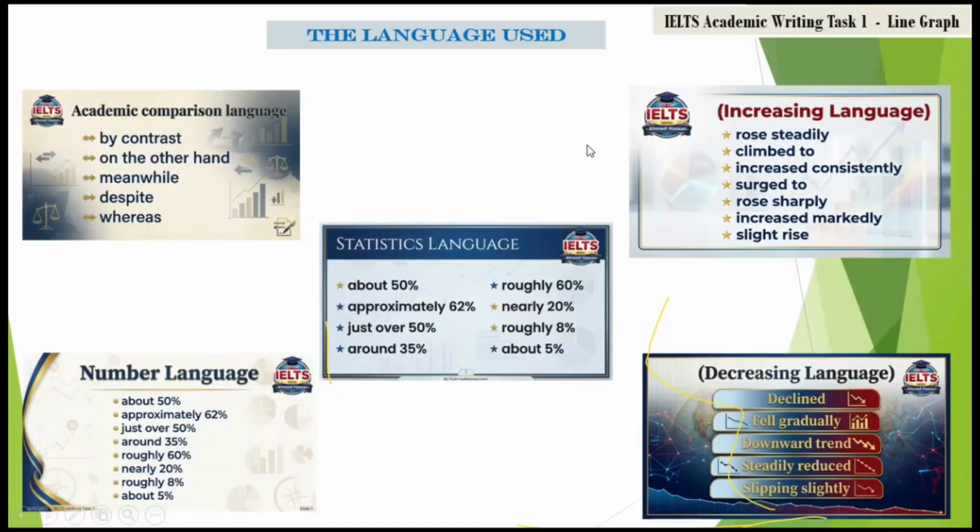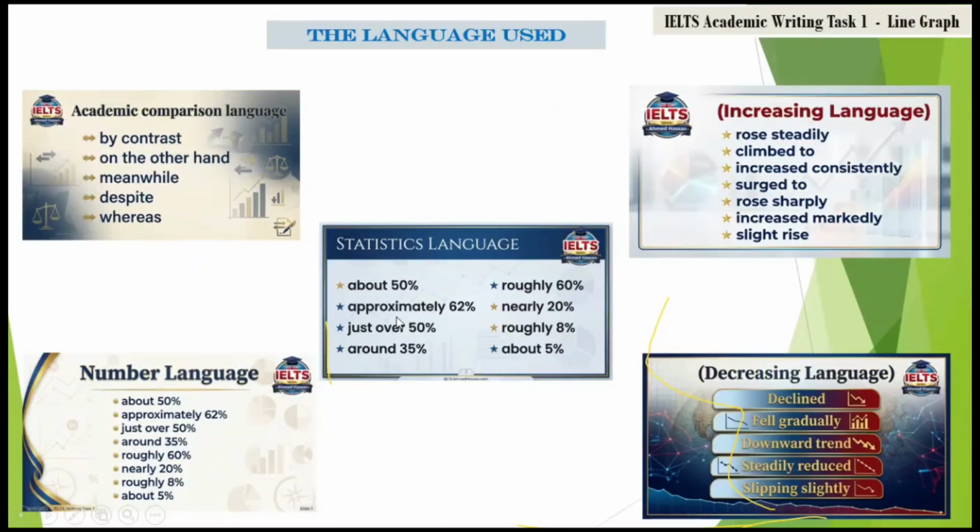All of them are extracted from our report. By contrast, on the other hand, meanwhile, despite, whereas, and number language: about 50%, approximately, just over 50%, around, roughly, nearly.